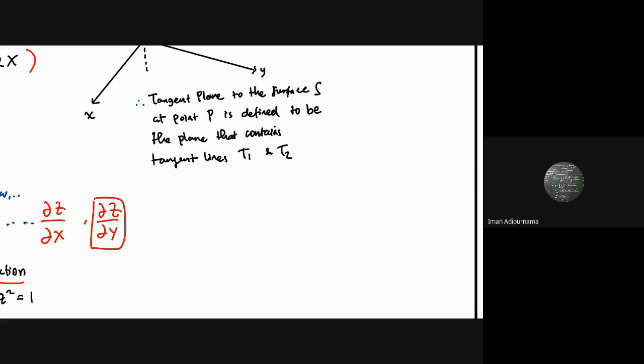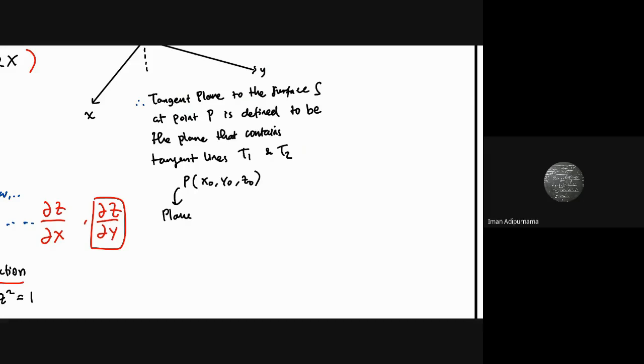Okay. From chapter 12, we know that if point P is having x, y, z, x0, y0, and z0, it will be the plane equation.